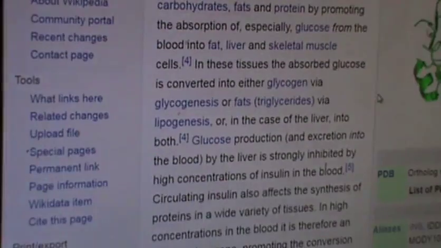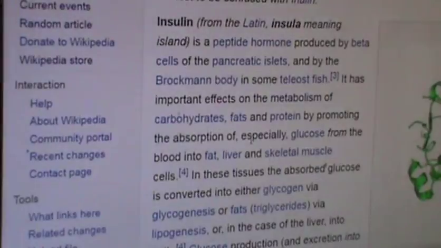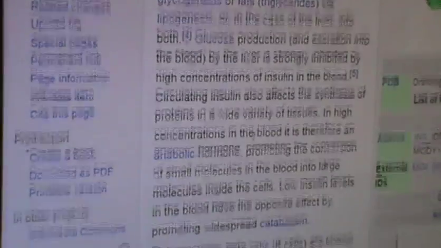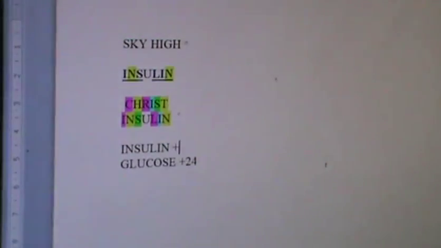So the most obvious relationship with insulin is glucose. Well, insulin parallels Christ, as we just saw. Glucose is +1 for Father. Let's see what its opposite is. Yeah, glucose is Father plus 24. Insulin was Christ plus 21.